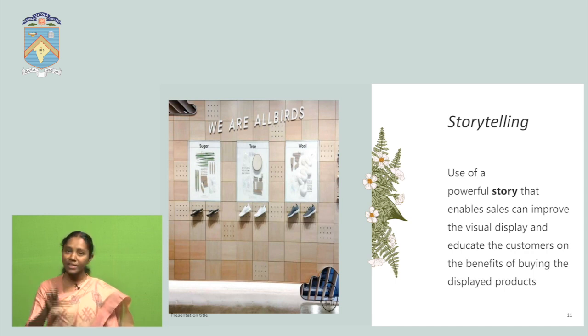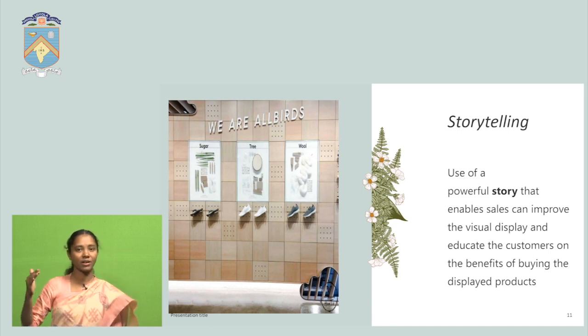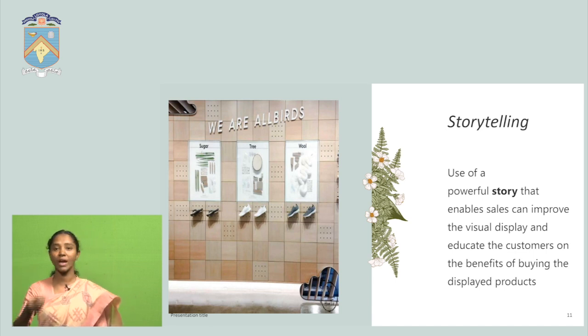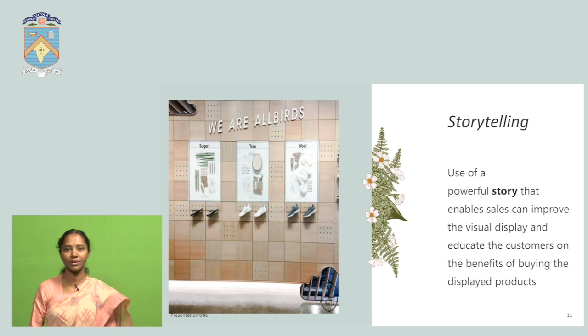So, in merchandising, if we want to place or arrange particular items, the arrangement should give a message or convey why we have to buy this product. For example, the arrangement itself can express the benefits of that particular product, why a customer has to take it.